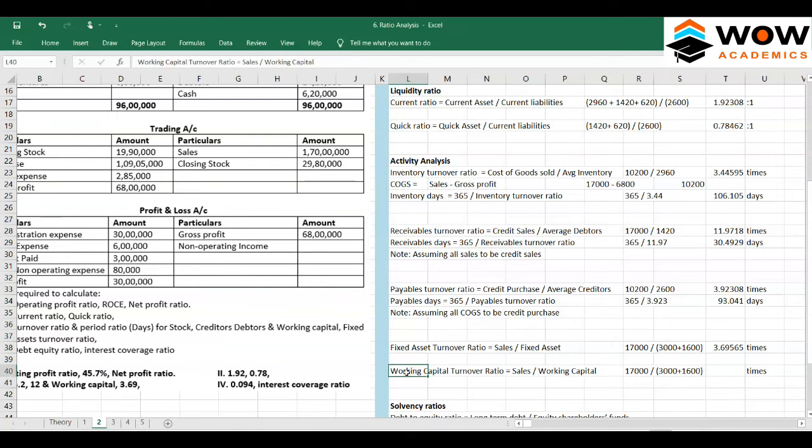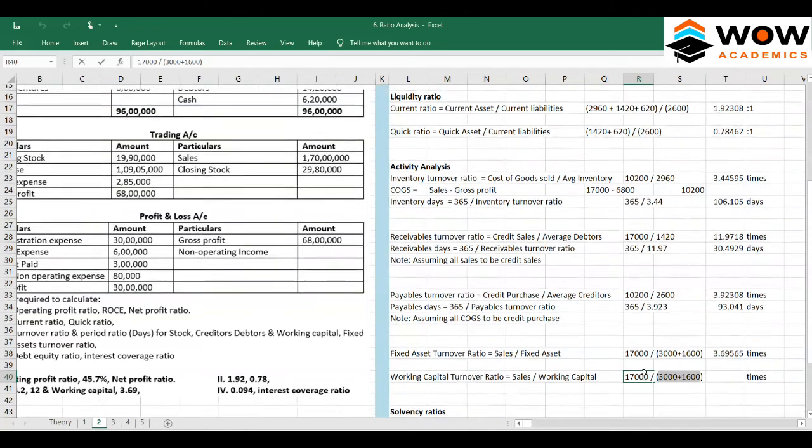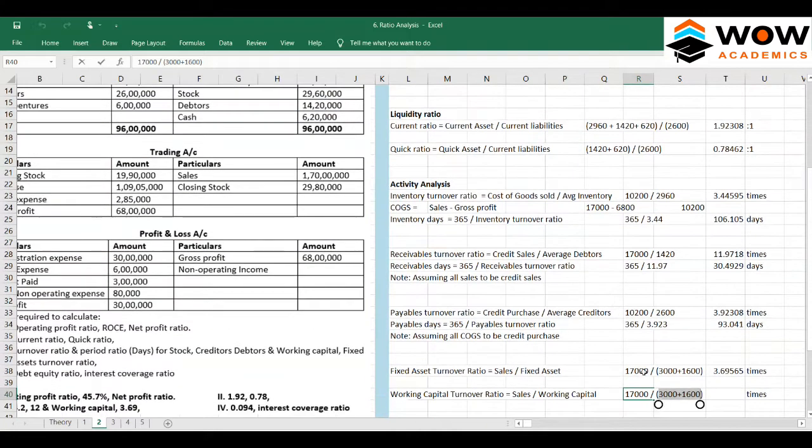Okay, we'll put it like this. I think that would be great. So we got our sales. What about the working capital? So the working capital is CA minus CL. I think we can get it from here. So we can copy this and we can get the answer.